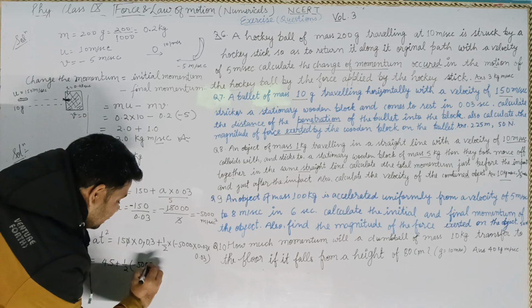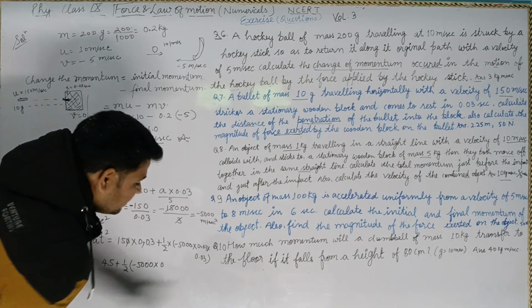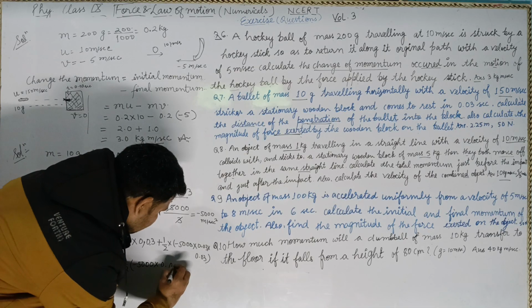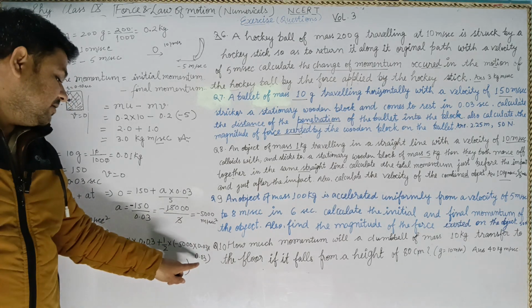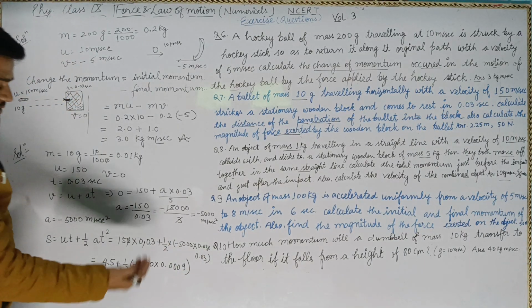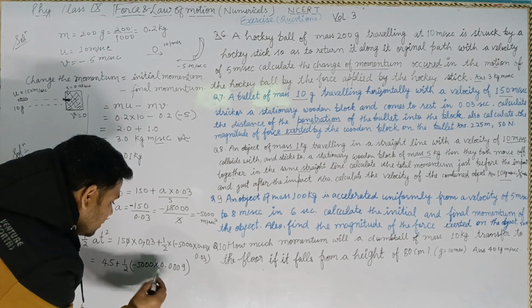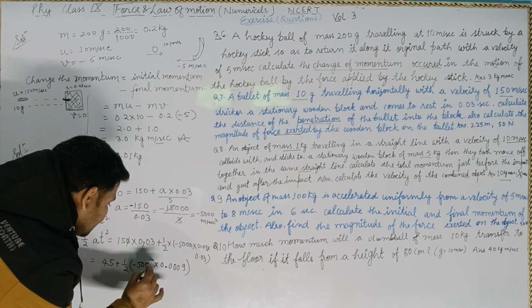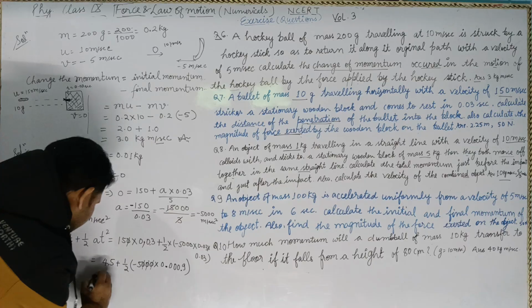The decimal is 2 places here and 2 places here, so it will be 4 places. We remove the decimal from here and cut 3 zeros.